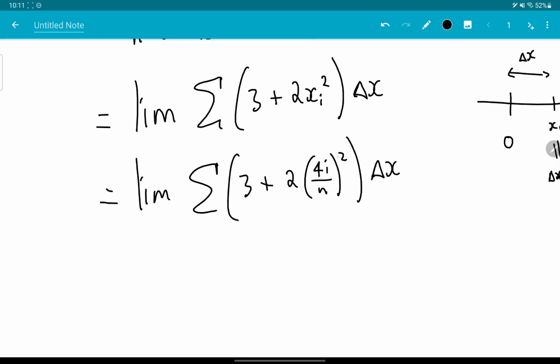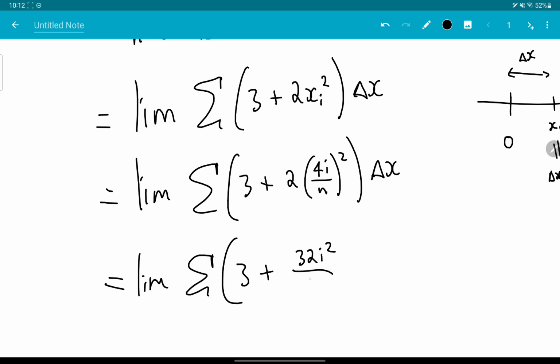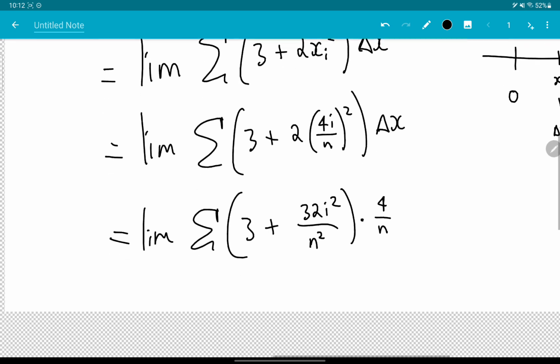So 4 squared is 16 times 2 gives me 32 i squared all over n squared. And delta x, we decided earlier, is 4 over n.